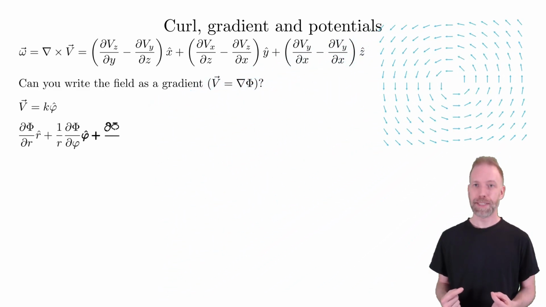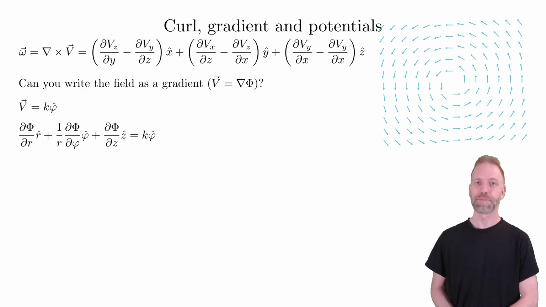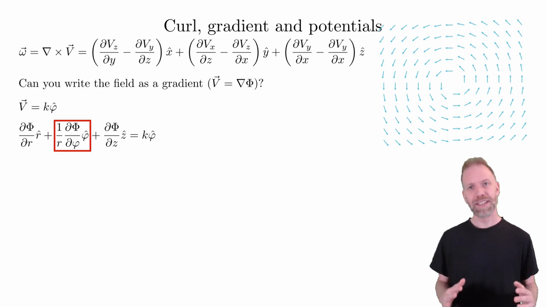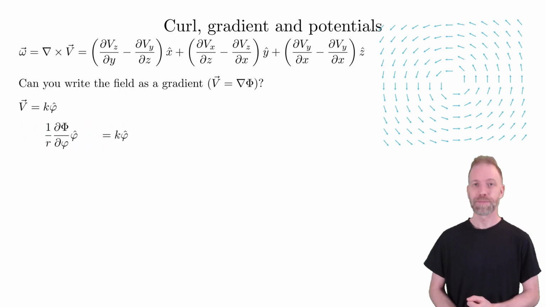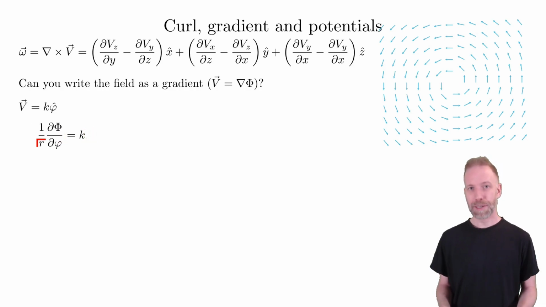Let us write the expression for the gradient. Once again, it will be different from the Cartesian coordinate case. It is only the tangential direction that will be of interest here, as this is where the flow is. We can drop the unit vector and multiply with r.